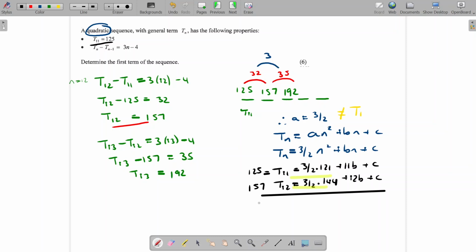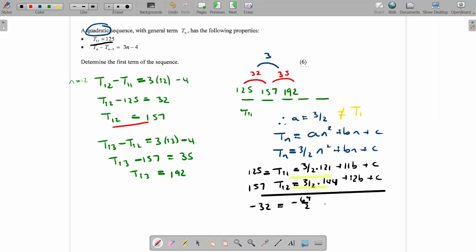If I was to subtract, I would get minus 32 equals 3 divided by 2 times 121 minus 3 divided by 2 times 144 plus... equals minus 69/2 minus b.